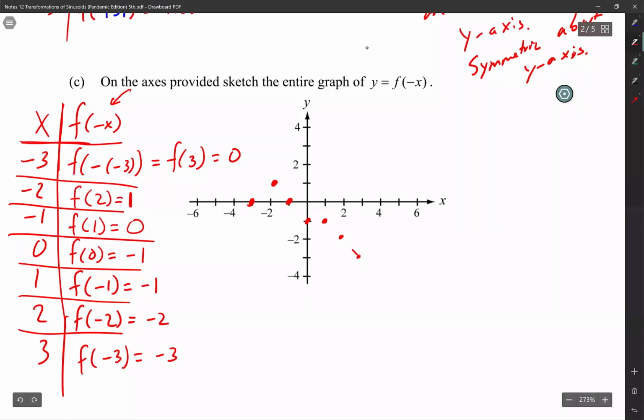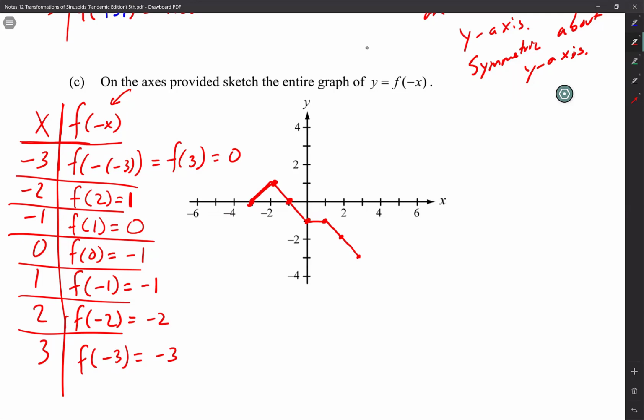And then, no reason for sound effects if you don't want to do sound effects. And there it is, guys. What do you guys notice? What do you nerds notice? It's the opposite. It's flipped on the y-axis.